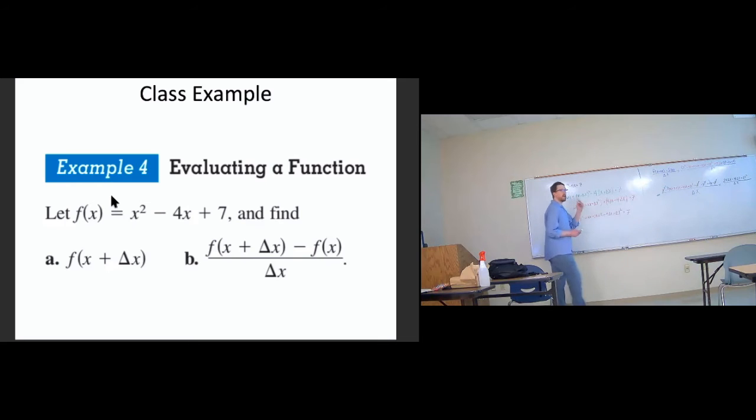But hey, notice in your numerator, every term has a delta x. So let's factor that delta x out. You're gonna have delta x times the quantity 2x minus 4 plus delta x, all divided by delta x.